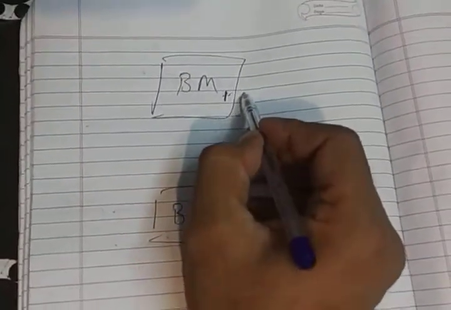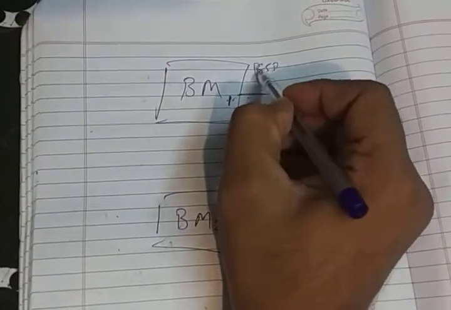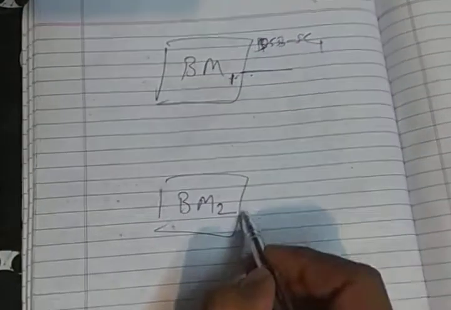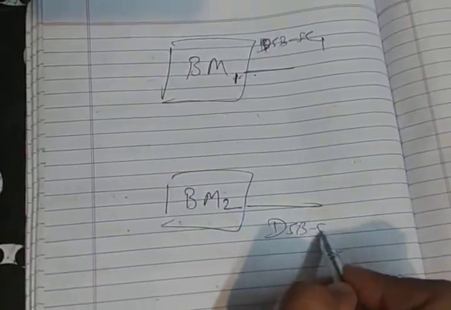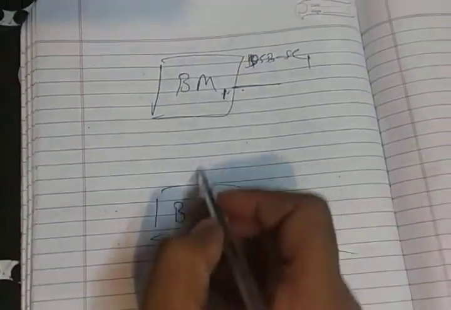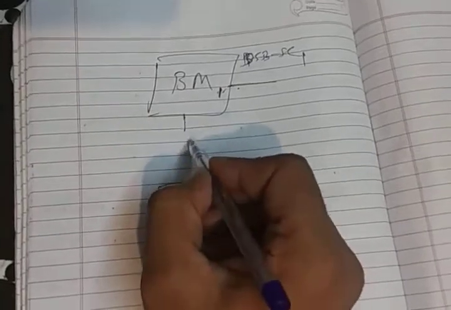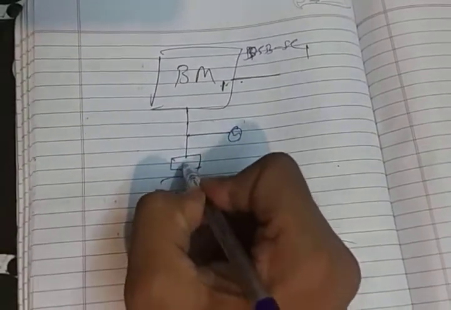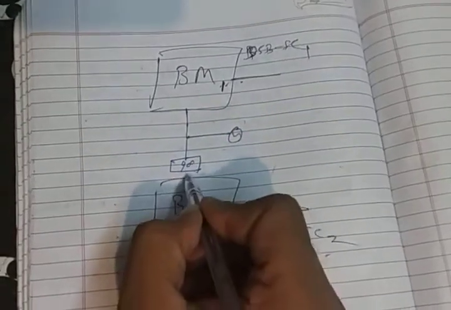The output of a balance modulator is a DSB-SC signal, so DSB-SC signal number 1 and DSB-SC signal number 2. Here we use one local oscillator and a 90 degree phase shifter.